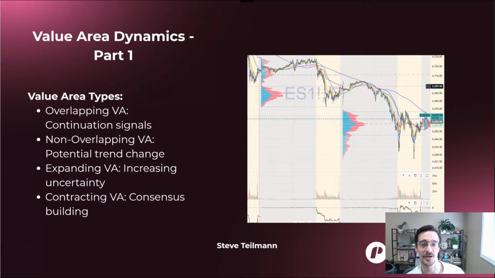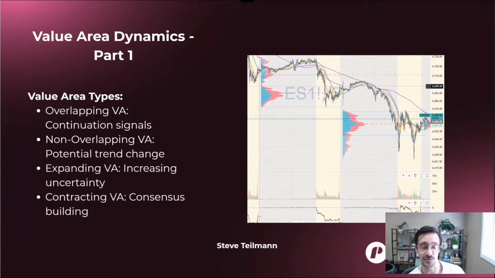This is an area where price is at an equilibrium. There are buyers, there are sellers, they're trading back and forth, and we're waiting to see who wins that battle. So you have the overlapping ones there, and they can be continuation signals if we get confirmation from that level. And then you also have the non-overlapping value areas as well.